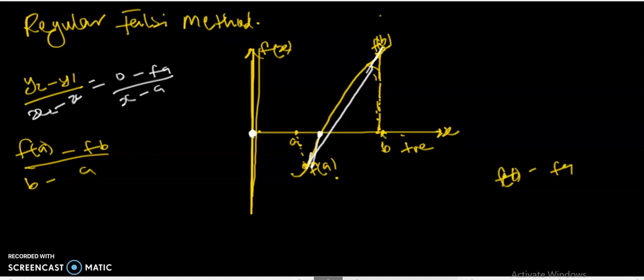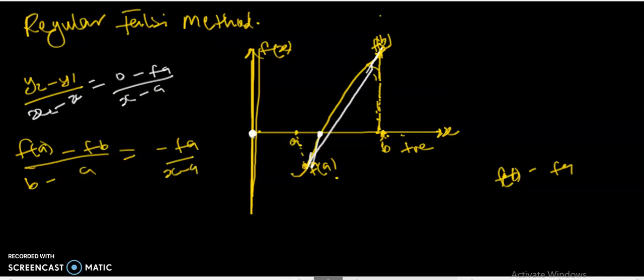This is our b position, and this is f of b, this is b, and this is a, so b minus a, and this will be equal to negative f of a divided by x minus a.